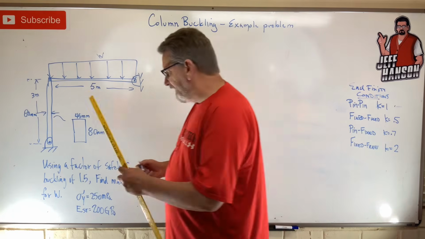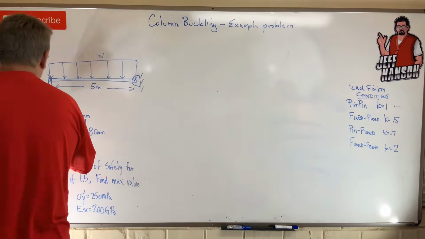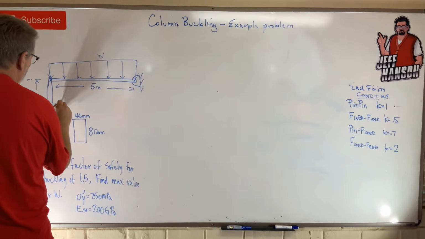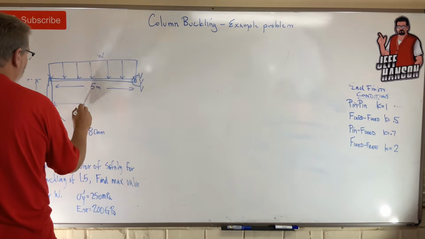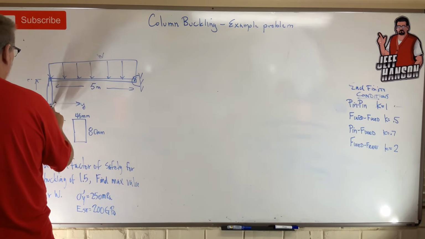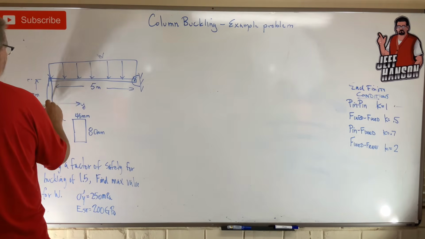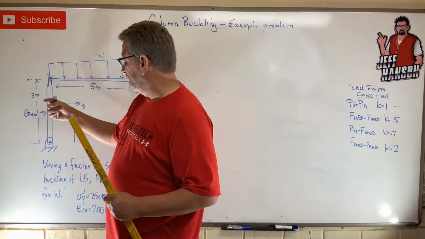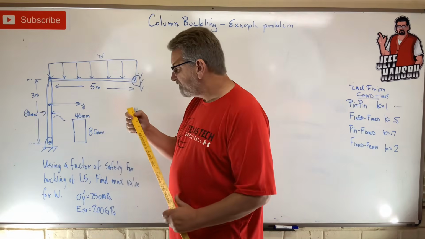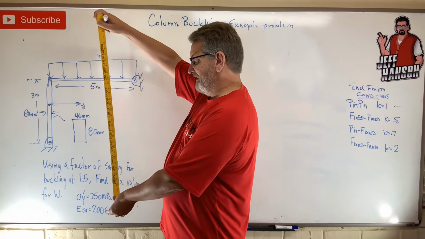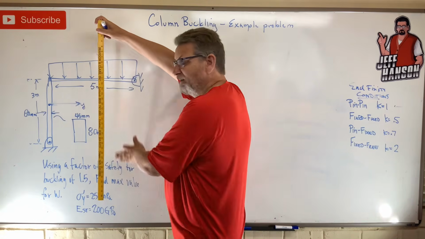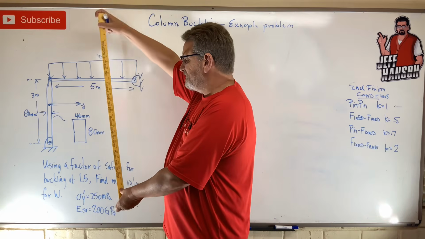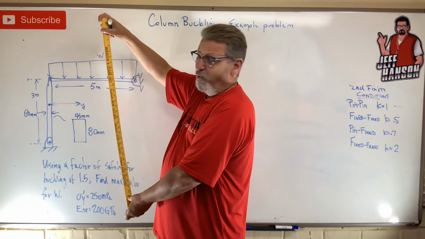Now let's just call this the y-axis, and let's call it that way, arrow. And then the x-axis is coming out at us here, okay? So the x-axis is in this direction here. Now if we have bending like this, where it's bending into the board, if you will, that's what we call bending around the y-axis.